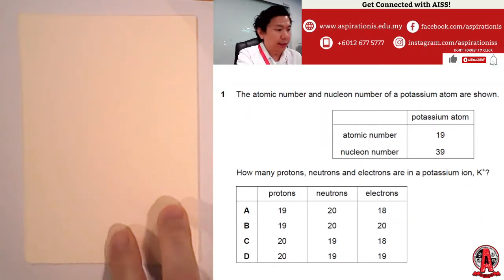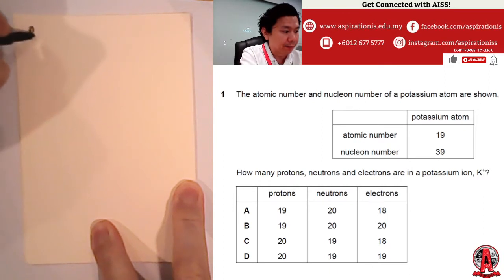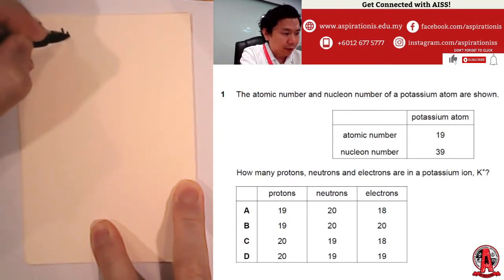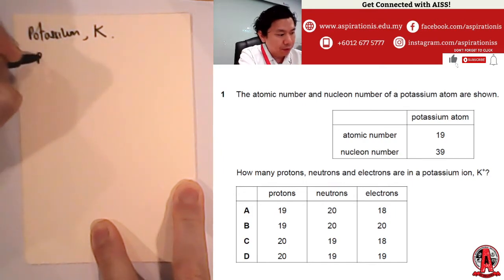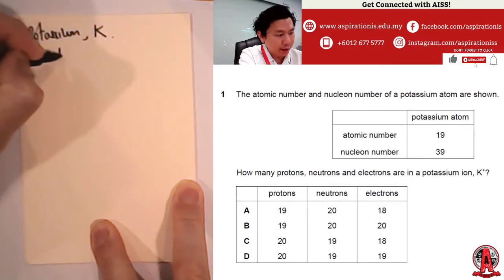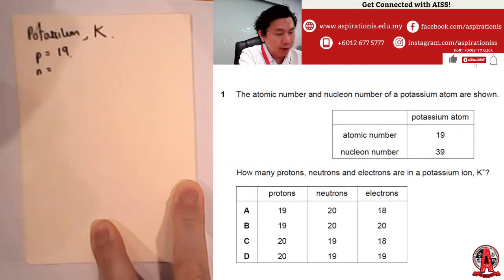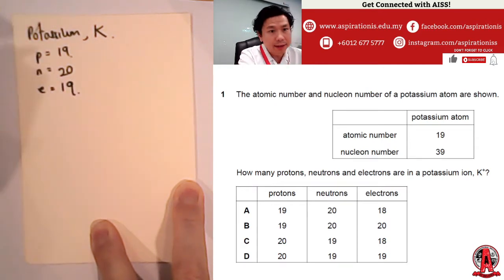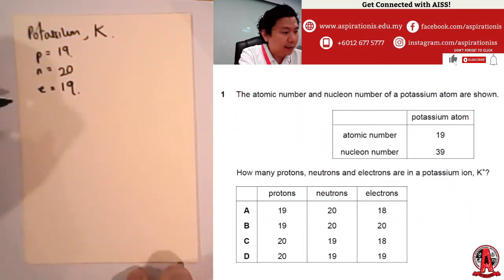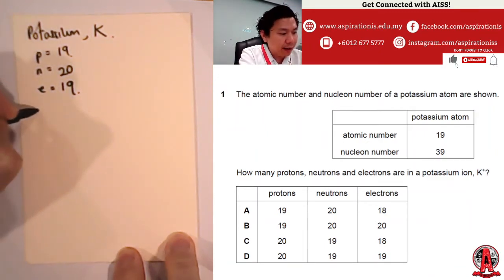In this case, we have potassium, and the number of protons is 19. The number of neutrons is 20, and if it's an atom, then the number of electrons would also be 19. But in this case, it is not an atom, so it is an ion.